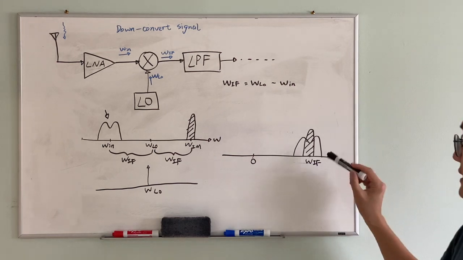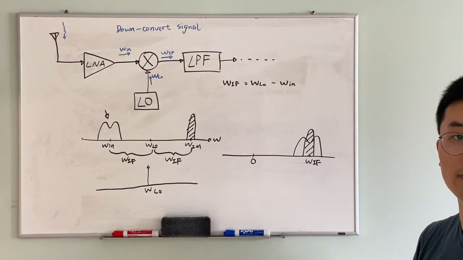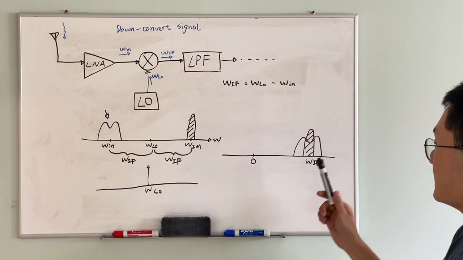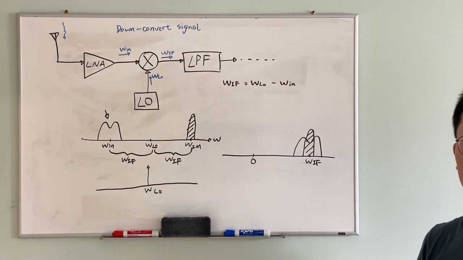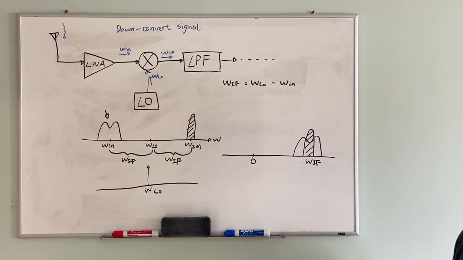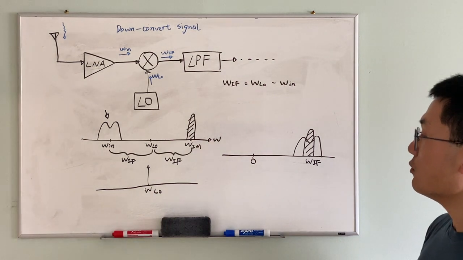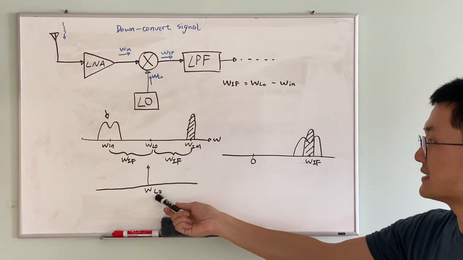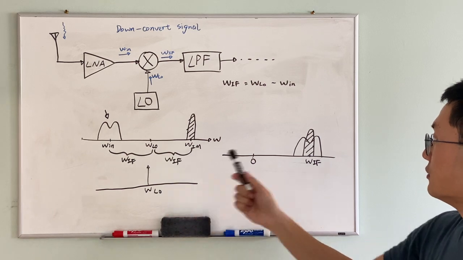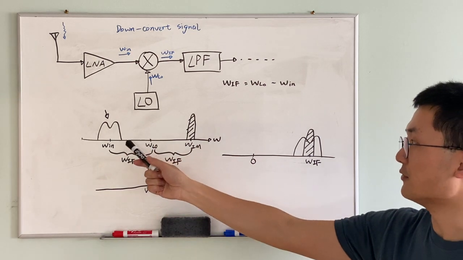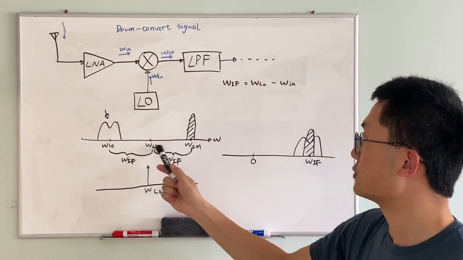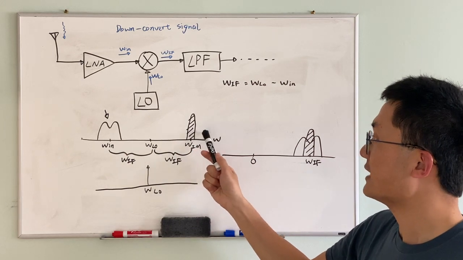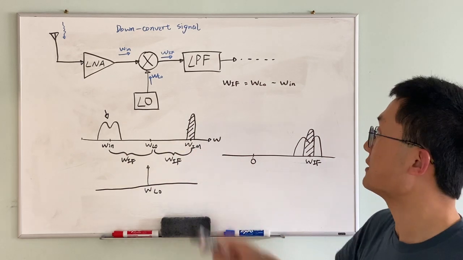And unfortunately, this process is also irreversible. Once it's done, the damage is done. It cannot be reversed. So before the mixing action happens here, we want to do some filtering in the input spectrum to attenuate the image signal.